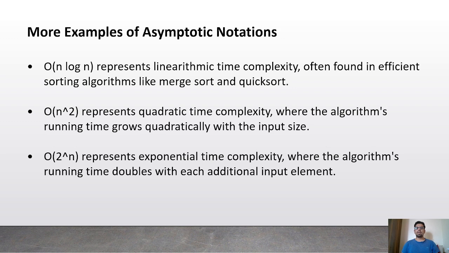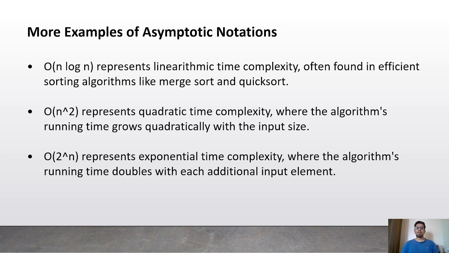Other examples of asymptotic notations are big O of n log n, which represents linearithmic time complexity often found in efficient sorting algorithms like merge sort and quick sort. Big O of n power 2 represents quadratic time complexity where the algorithm's running time grows quadratically with the input size.